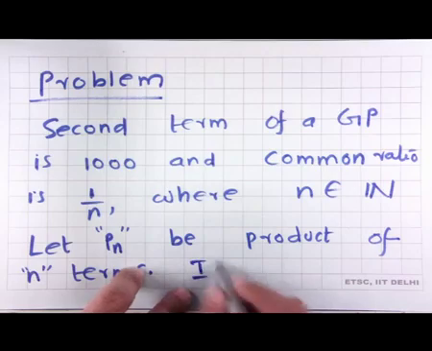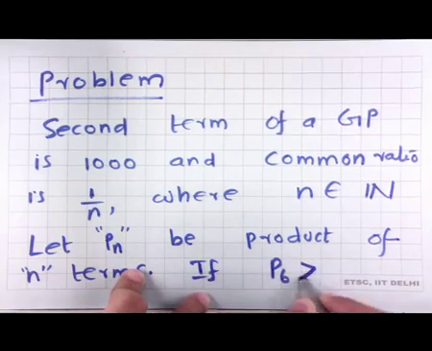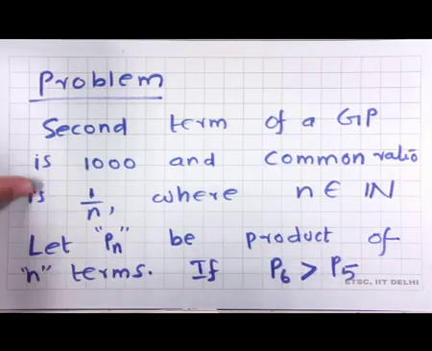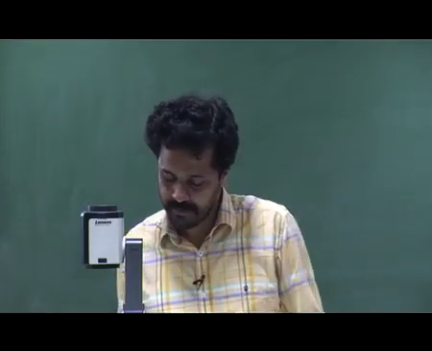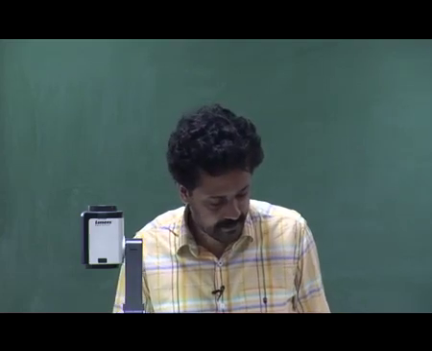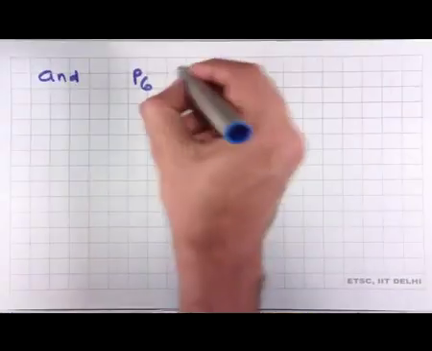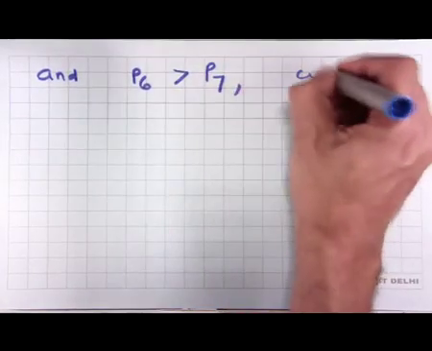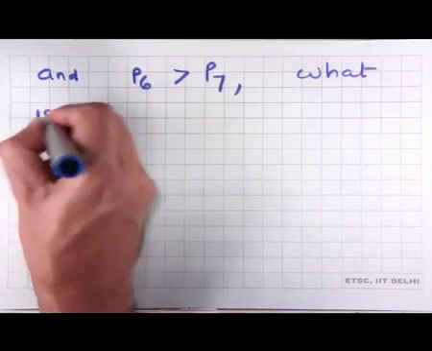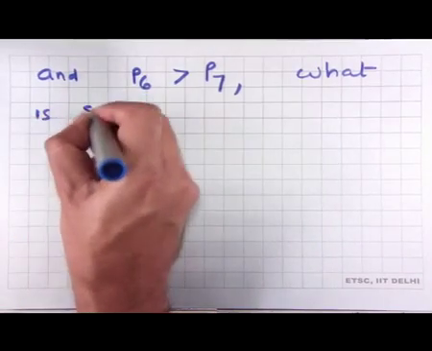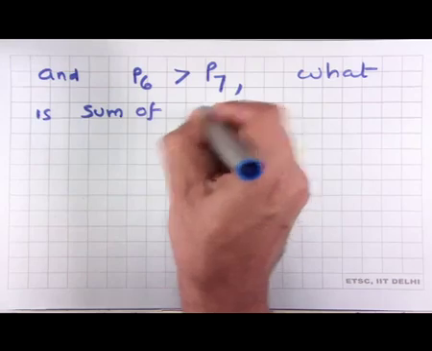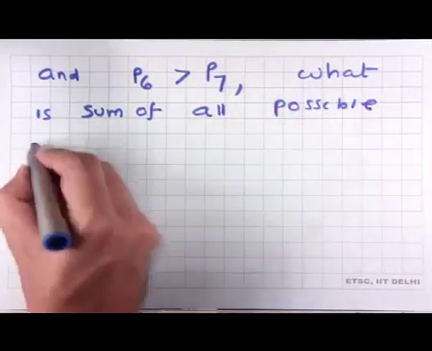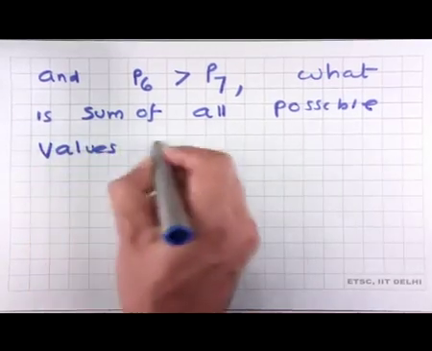If P6 is greater than P5 and P6 is greater than P7, what is the sum of all possible values of n?